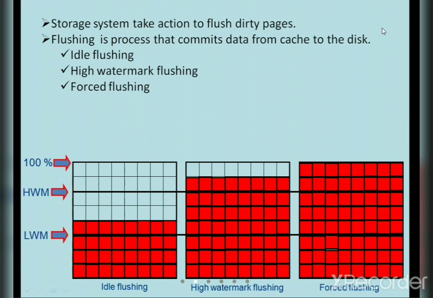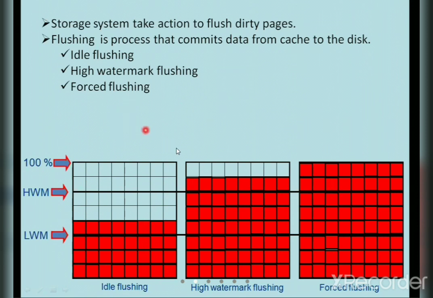Please remember, they flush the cache. The methods they apply for flushing the cache are: the first one is idle flushing, the second one is high watermark flushing, and the third one is forced flushing.